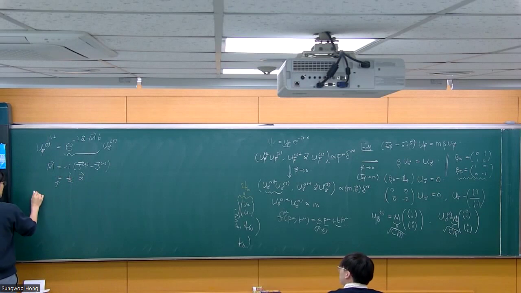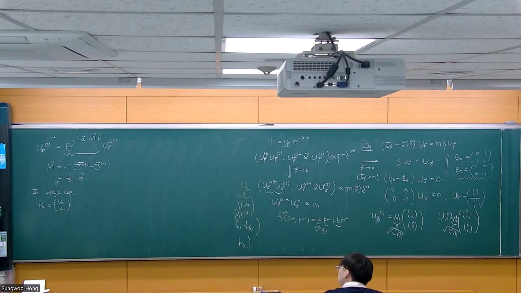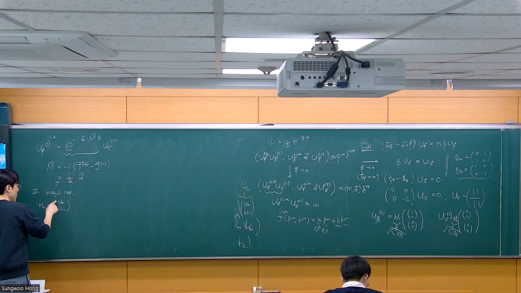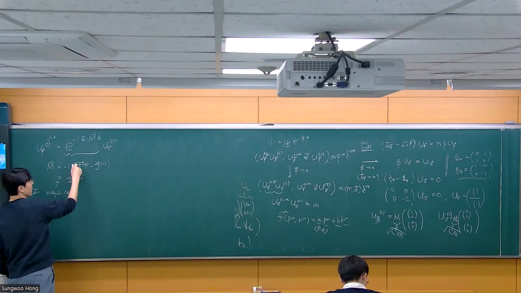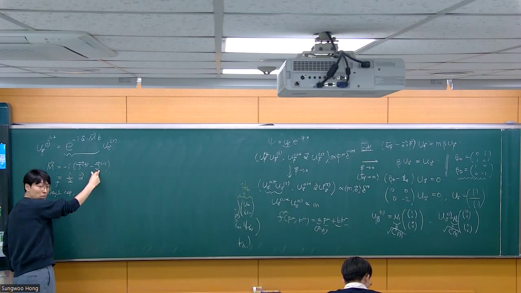So in the chiral representation, first of all, this guy is u plus, u minus, right? And then you know how u plus and u minus get acted on, because u plus is transformed only under J plus, and u minus is transformed under J minus, right?